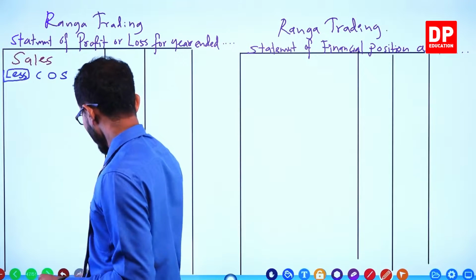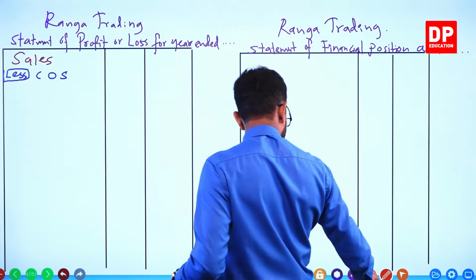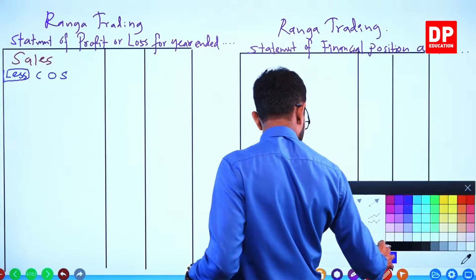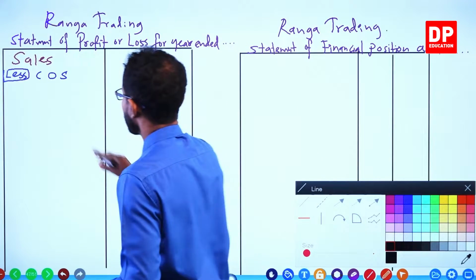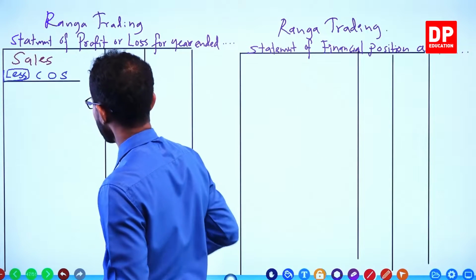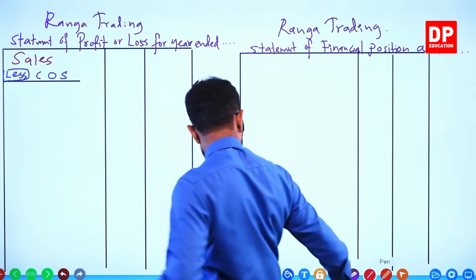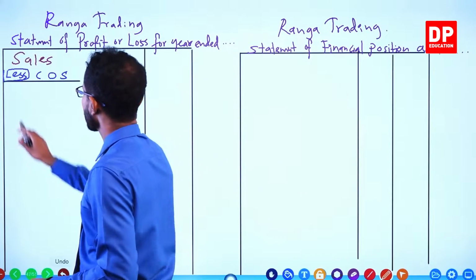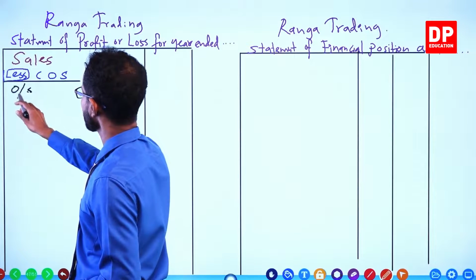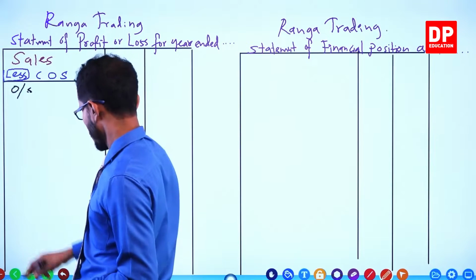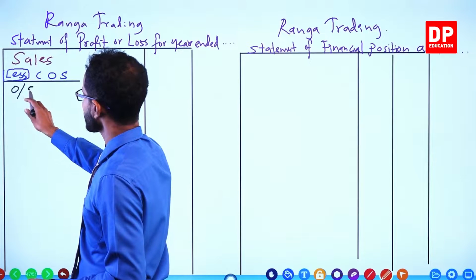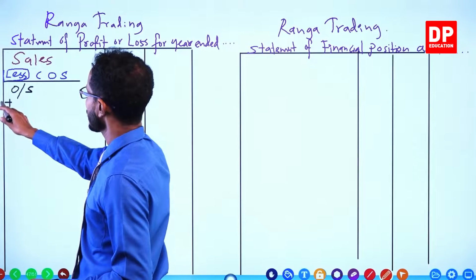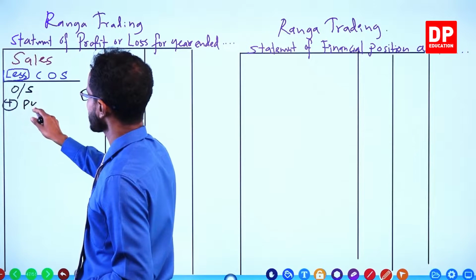Cost of sales. Under cost of sales, what are the main items, children? Yeah, opening stock. Then you should add purchases.